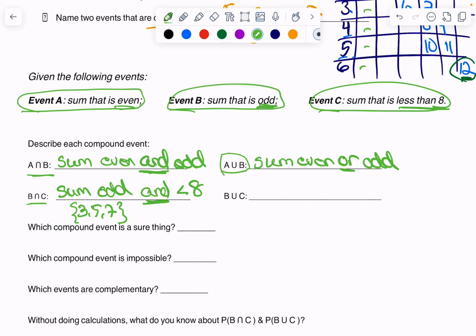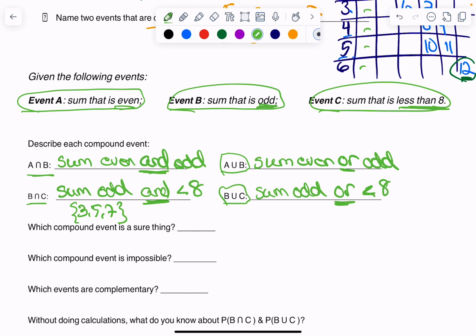Okay, next one is B union C. So that one, B is sum is odd, or C is less than 8. Now, remember the word or.